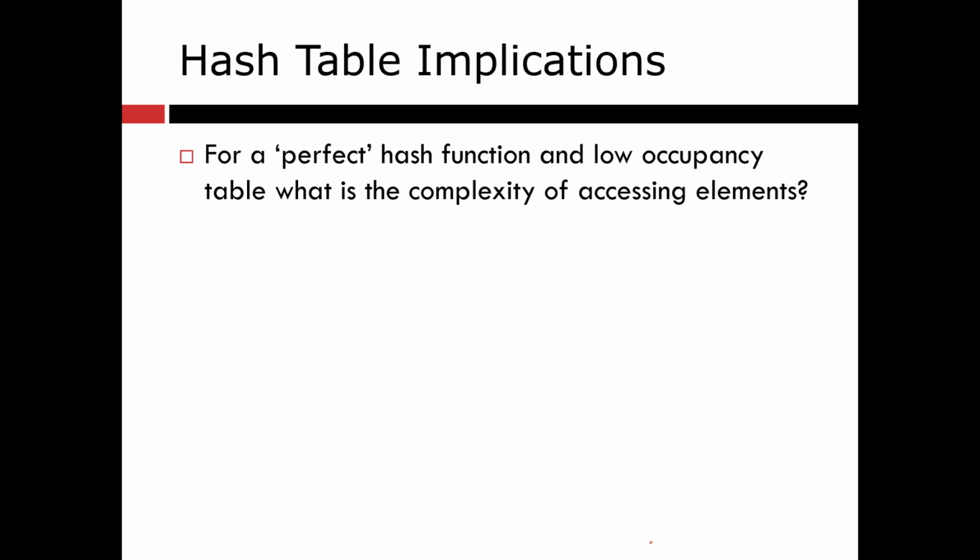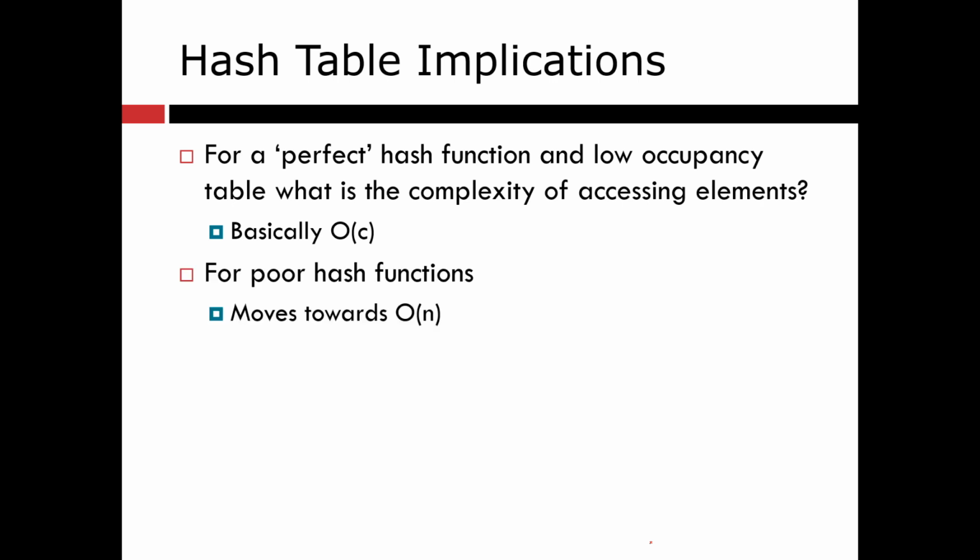The perfect, ideal hash table is going to have perfect hash functions that give us entirely unique hash values, and we have infinite space, so we have no collisions, right? That will get us to O(1). This is for an ideal hash function.